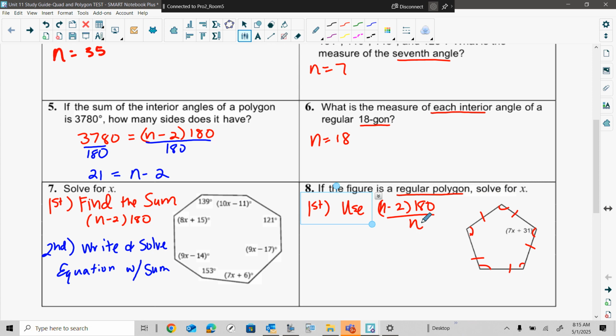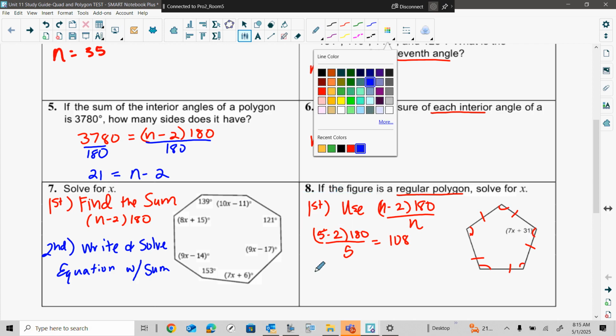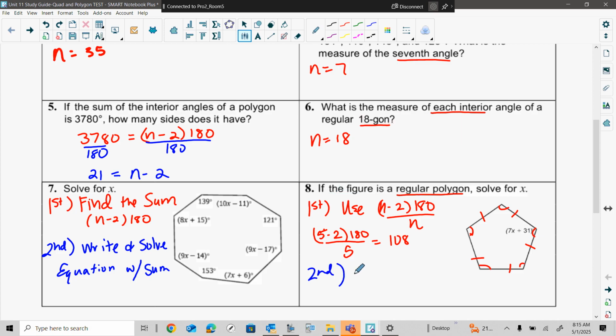The sides are 5, so n is 5. This will mean that each angle, when you do that, you get each angle is 108. So now you're going to write and solve the equation, which is 7x plus 31 equals 108. Then you're just solving for x.